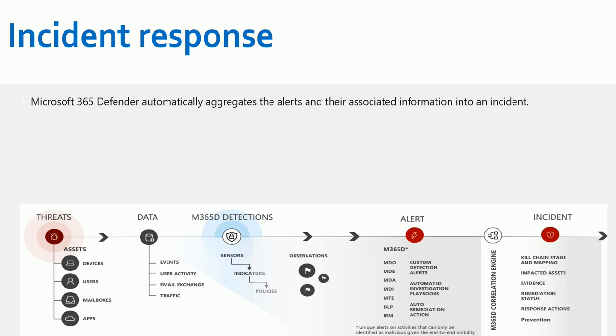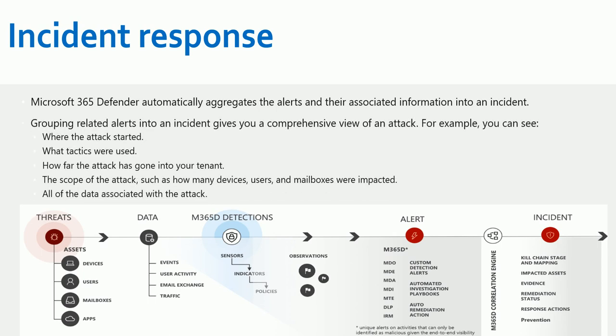Based on your alert data, or based on the severity of those alerts, it will automatically associate them to an incident. And it will give you the information on how many machines are impacted with these malicious threats, so it will give you a closer look. Grouping related alerts into incidents gives you a comprehensive view of an attack.